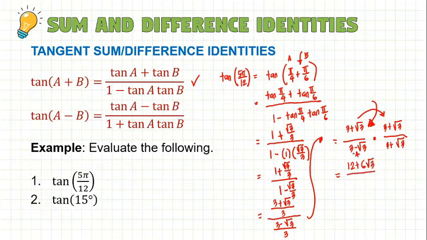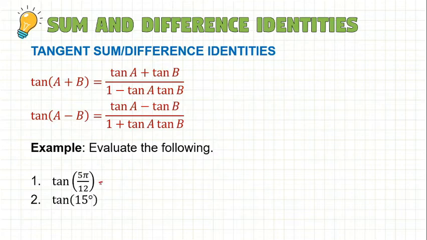All over 3 minus square root of 3, multiply it by 3 plus square root of 3. Just check this one. This is equal to 6. Okay, simplifying. So the numerator is divisible by 6. This will now be equal to 2 plus square root of 3. So we will now have this as our answer. Okay, so that is for number 1. Okay, so we have 2 plus square root of 3.